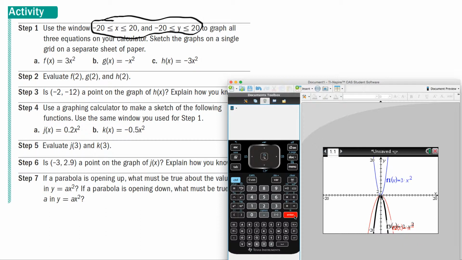And then for g of 2, that's going to be a negative 4. And for h of x, which is our f sub 3, that's going to be a negative 12. So we'll have 12 for A, negative 4 for B, and negative 12 for C. So that's step 2.